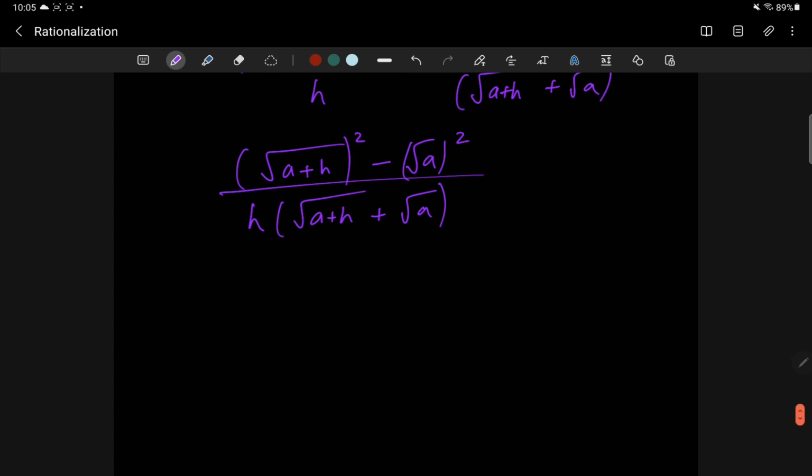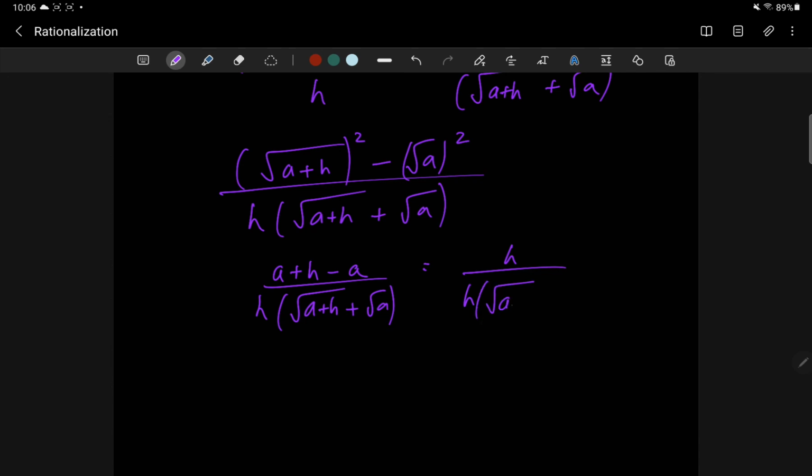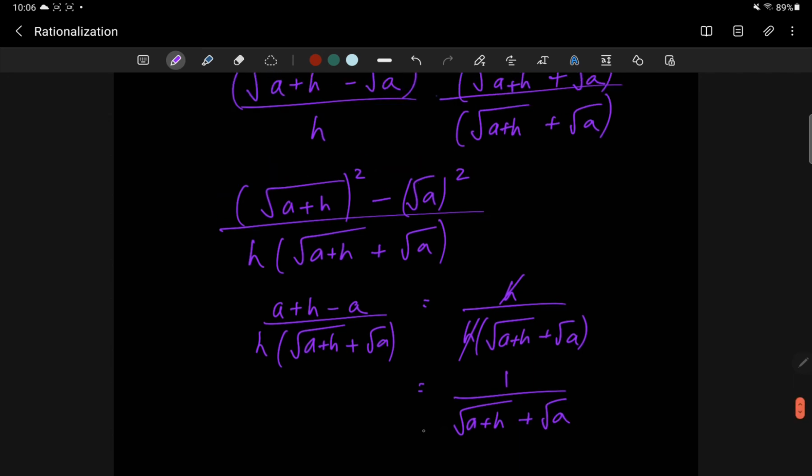The whole point of doing this was to get rid of the square roots. So that becomes a plus h minus a on the top, over h times root of a plus h plus root of a, which is then h over h times root of a plus h plus root of a, which comes out to 1 over square root of a plus h plus square root of a.